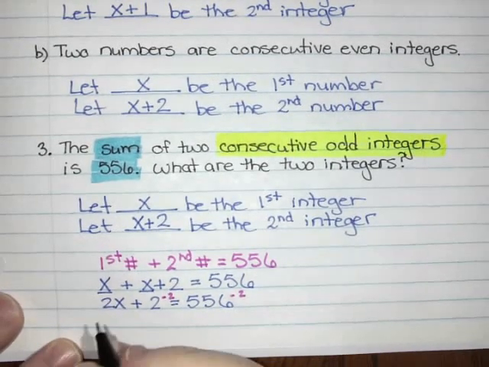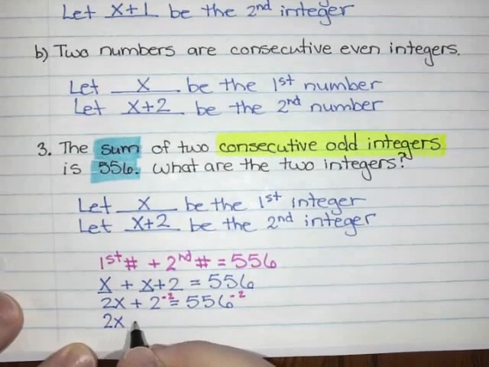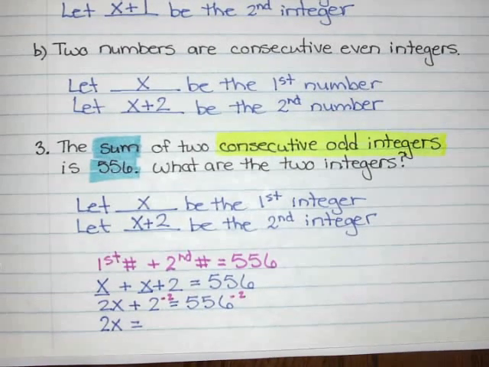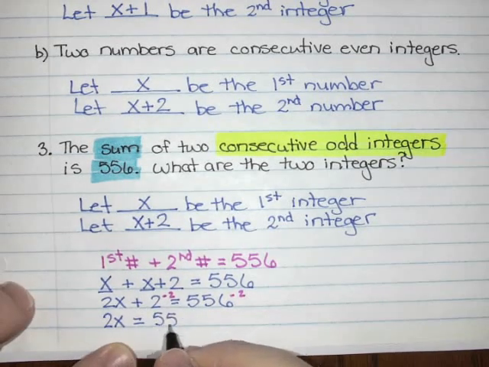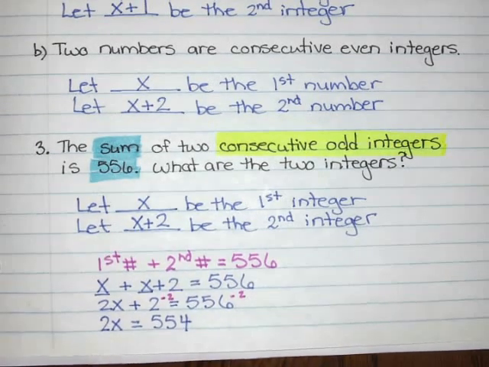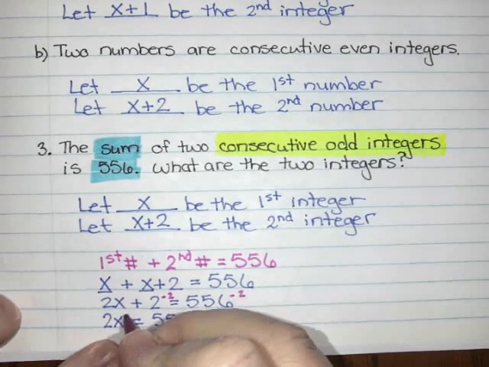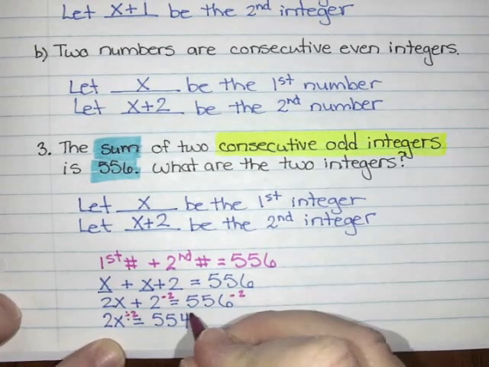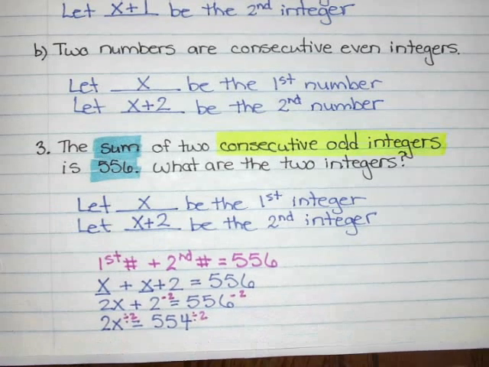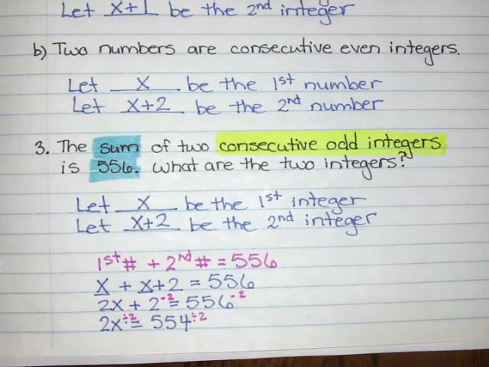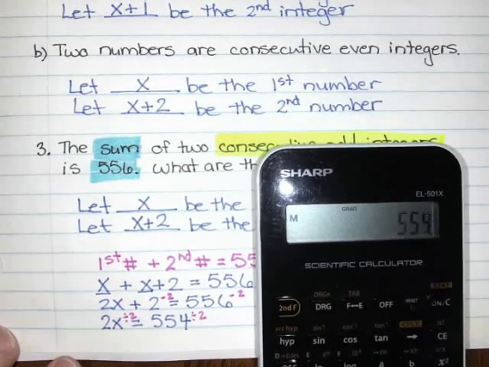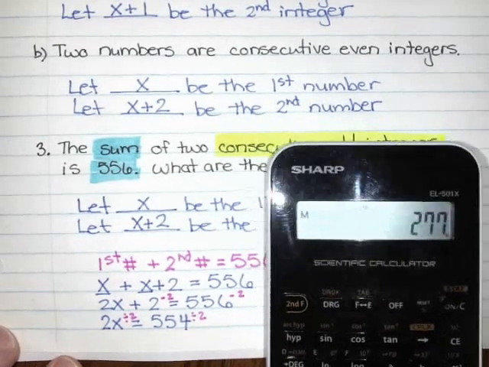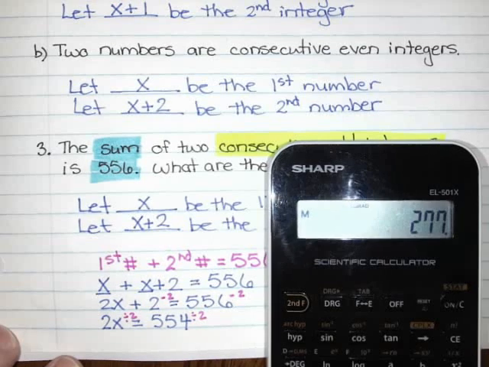So I get 2x equals 556 take away 2, which should be 554. And then I'm going to divide that by 2. And I'm going to use my calculator to help me with that. So 554 divided by 2 is 277.